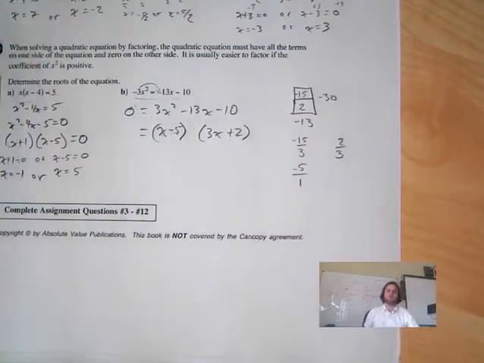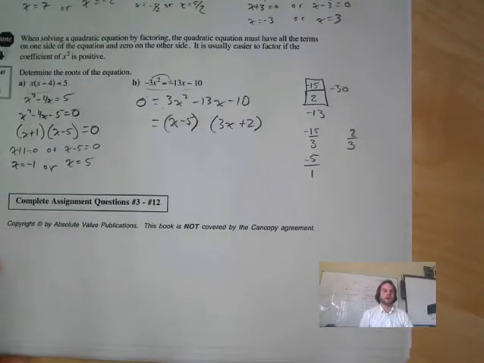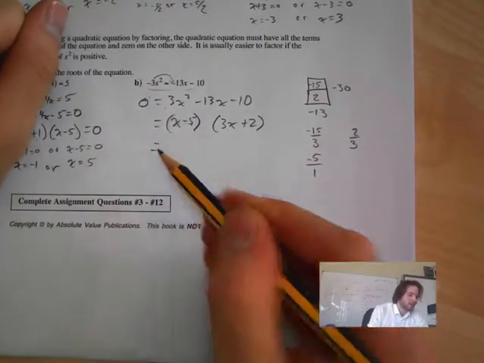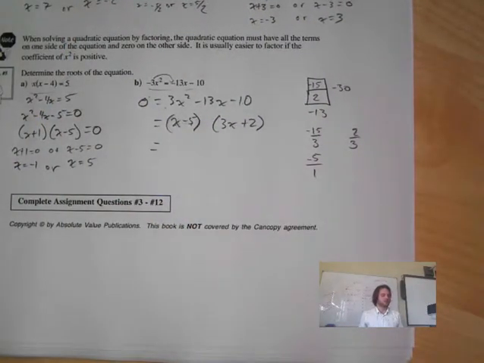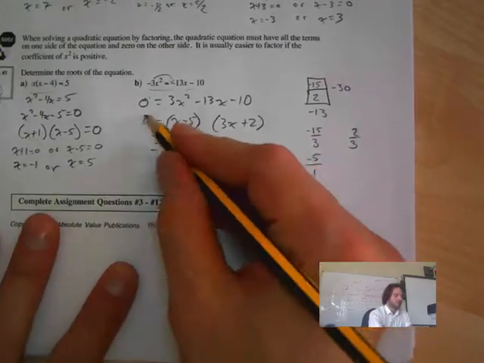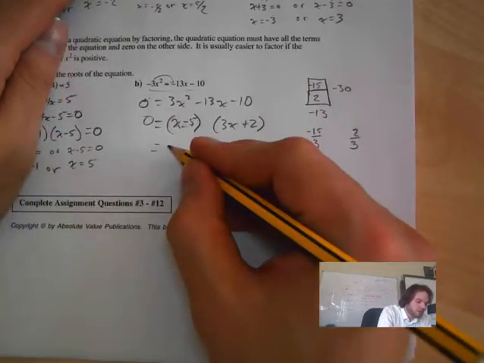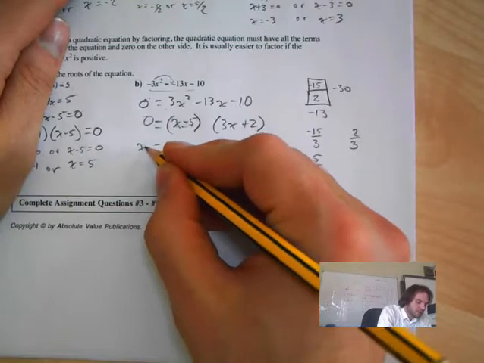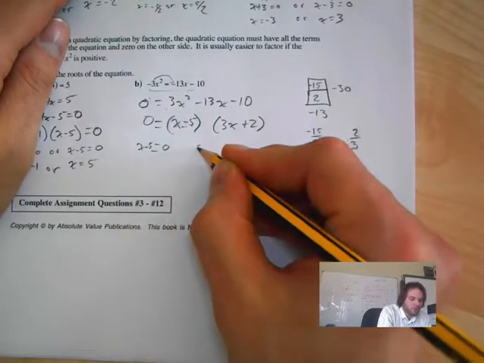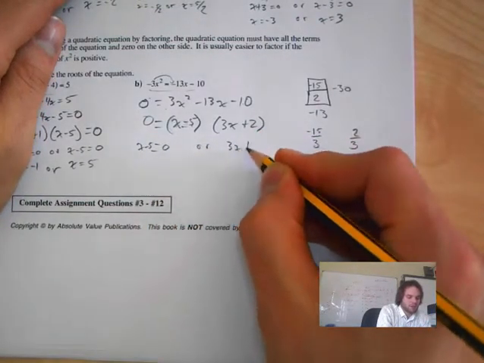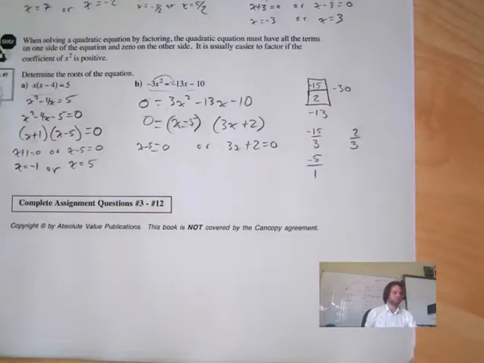If you remember that from before when we did those box methods of factoring. Okay? So, continue this off. We know this or this could be equal to 0. So we have x minus 5 can equal to 0, or 3x plus 2 can equal to 0.